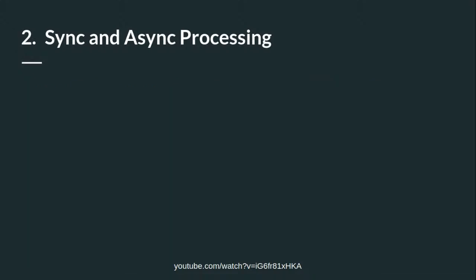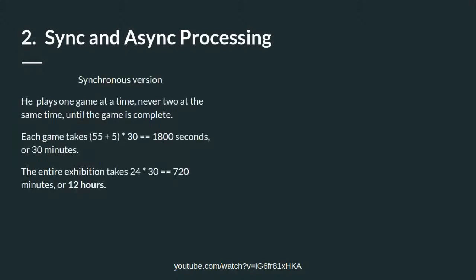If the grandmaster plays the synchronous version, he plays just one game at a time, never two at the same time, until the game is complete. Each game takes 55 plus 5 seconds, multiplied by 30, which equals 1800 seconds, or 30 minutes.